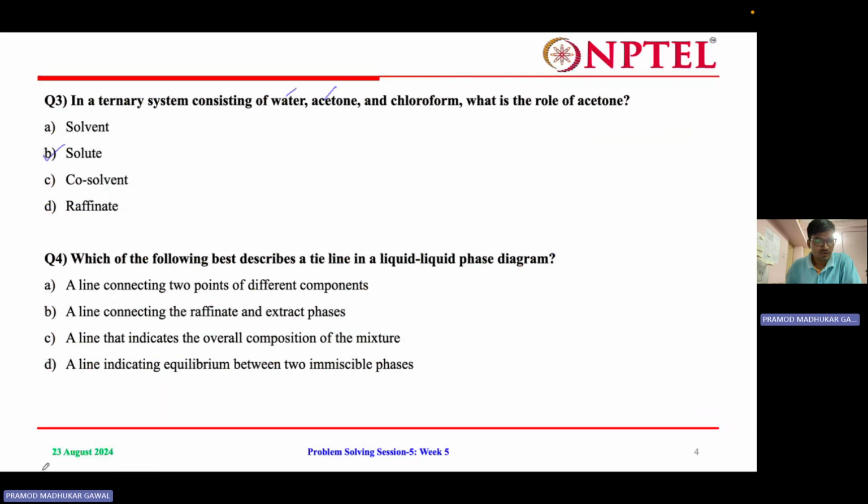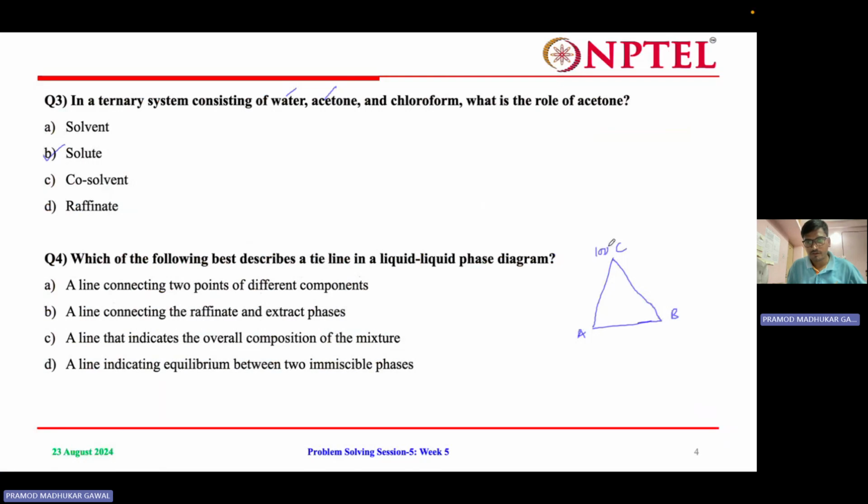Moving to question number 4: which of the following best describes a tie line in a liquid phase diagram? Here is the phase diagram.